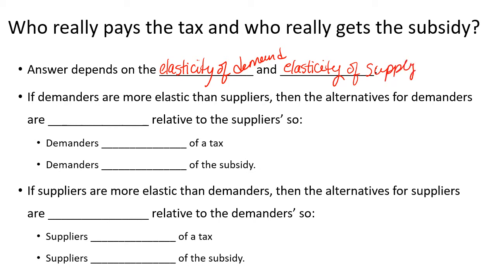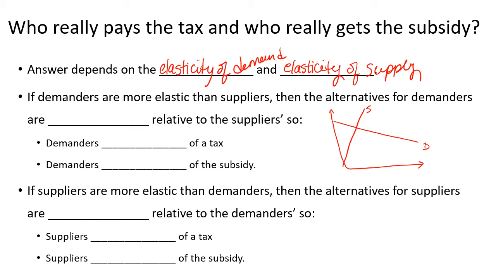Because the more elastic one is going to be impacted differently than the more inelastic one. So specifically, if demanders are more elastic than suppliers, that means they have a flatter demand curve. Right? So if we're talking demanders are more elastic, they have something like this, and supply is a lot steeper. So because demand is more elastic, that means they have better substitutes.